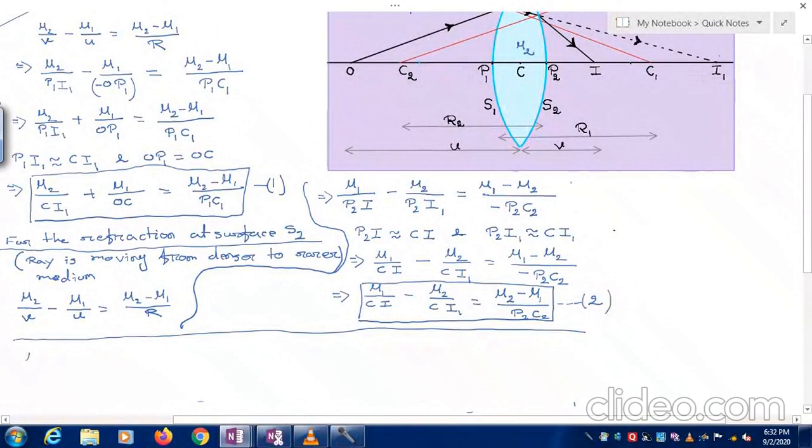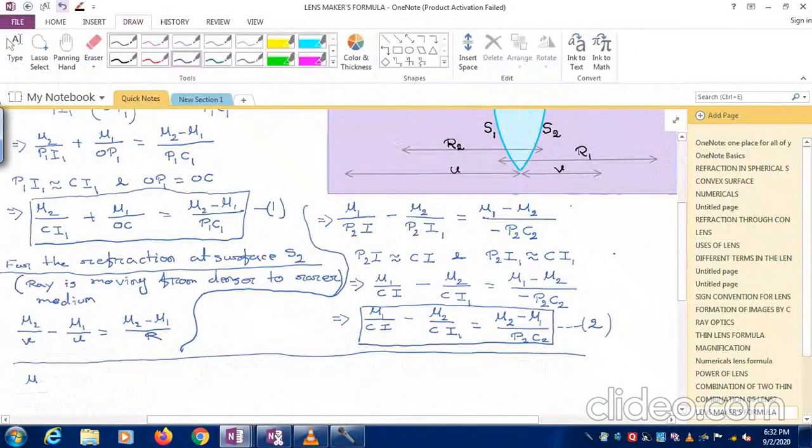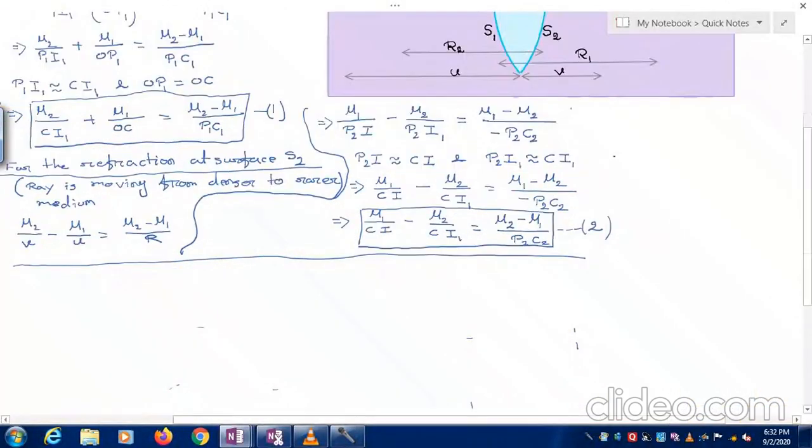Now adding equations 1 and 2, we will get mu2 divided by Ci1 plus mu1 divided by OC, plus the second equation, mu1 divided by Ci minus mu2 divided by Ci1.